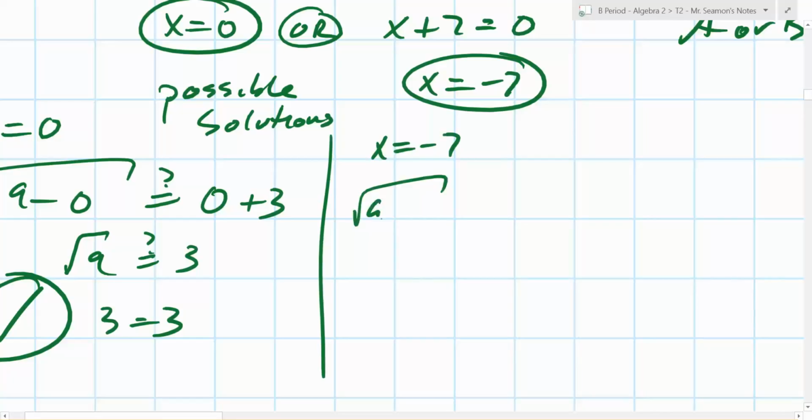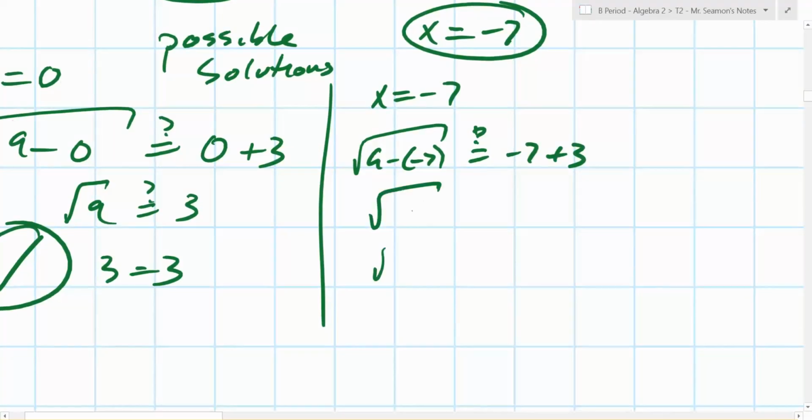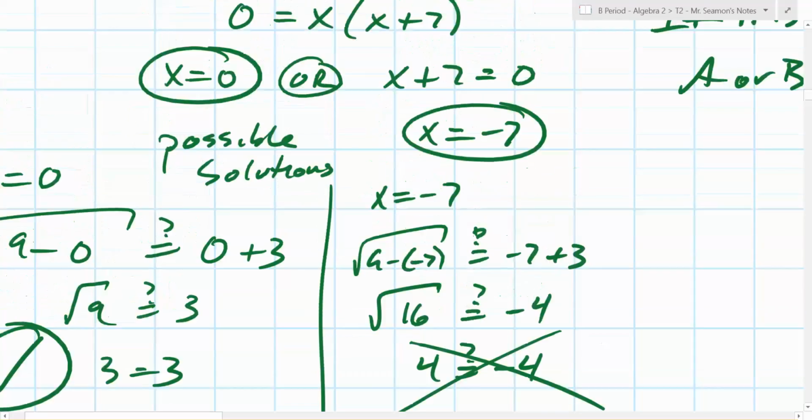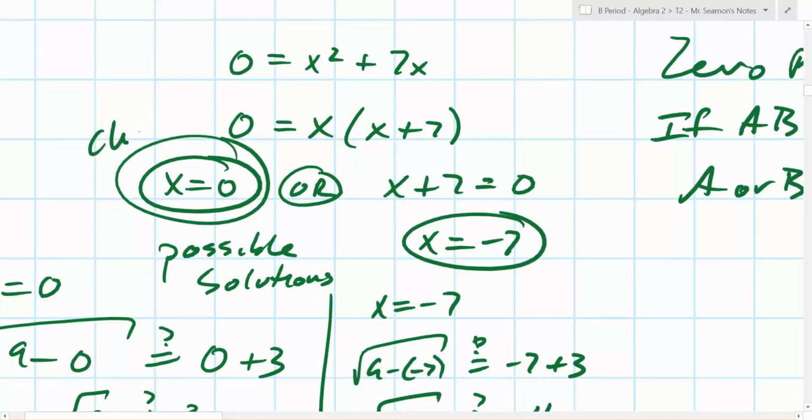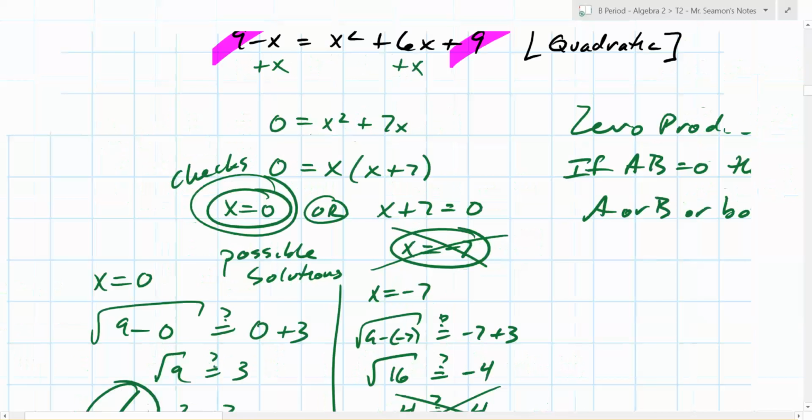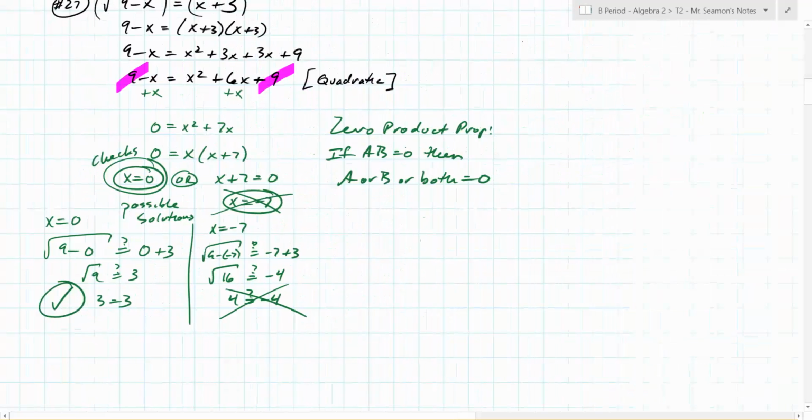The square root of 9 minus negative 7, does that equal negative 7 plus 3? So it's the square root of what on the left? 16. Does that equal negative 4? No. 4 does not equal negative 4. So this one checks. This one is not a solution. Does that make sense?